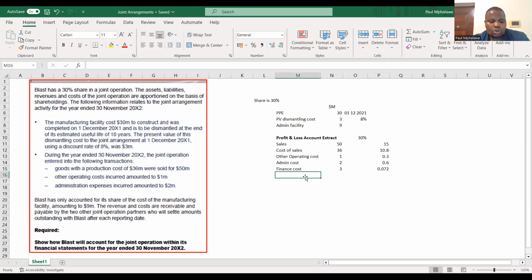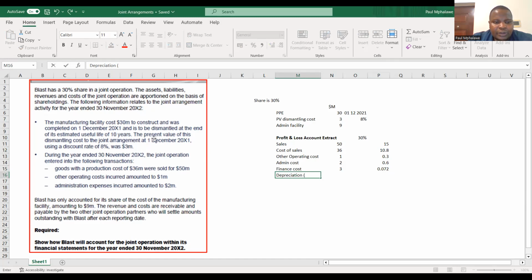We can also calculate depreciation because we are given a note to say the manufacturing facility cost 30 million to construct and was completed on 1st December 2021.